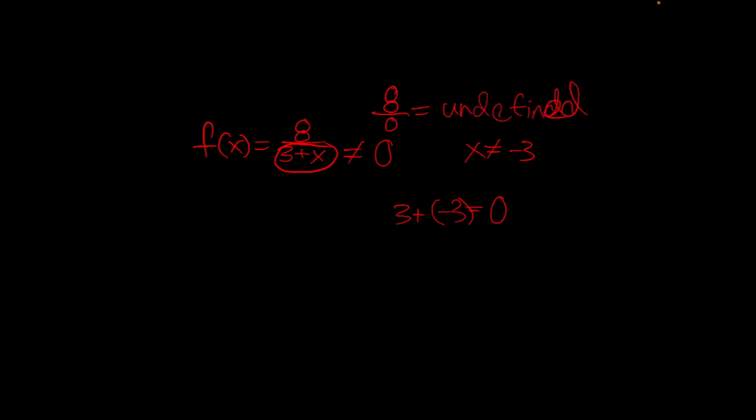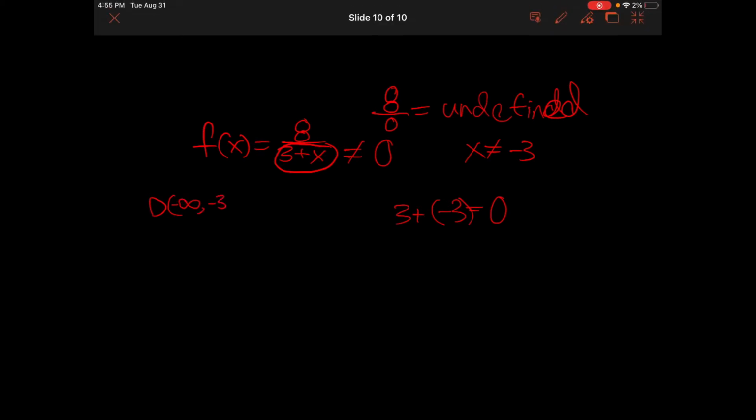So if we're using interval notation, we'll write that the domain is negative infinity, comma, negative 3, union, negative 3, comma, infinity. So this is our domain.